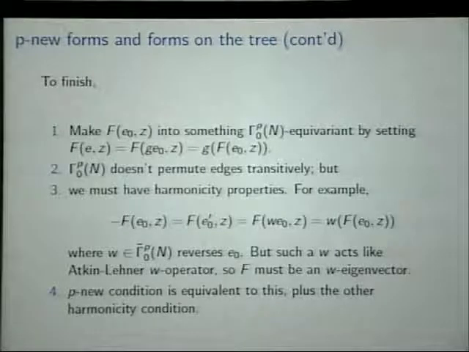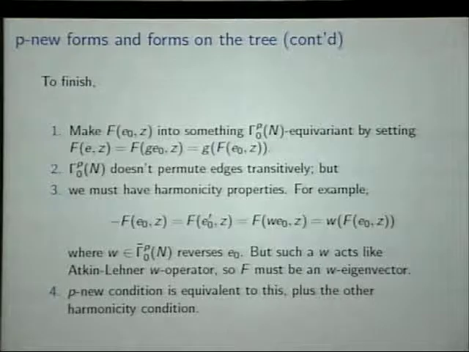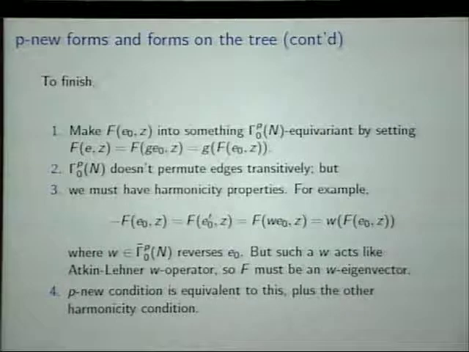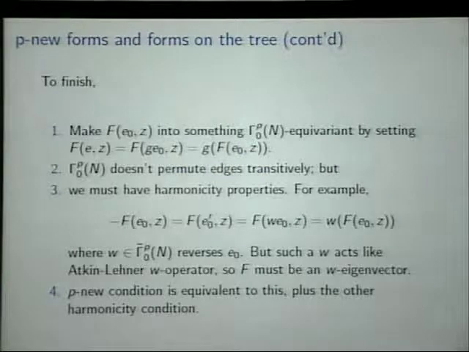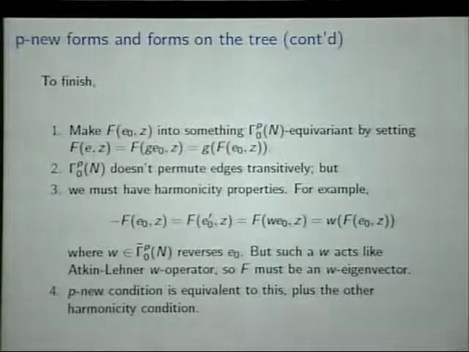And those two conditions that you translate from the harmonicity say, in the end, by Atkin-Lehner theory, that your form is new at P. Didn't come from gamma naught of N. Okay? On the other hand, if it did come from gamma naught of NP and not from gamma naught of N, then there's no obstacle. This method works. Okay, so it seemed like we made a much bigger space, but in fact, this space of the harmonic functions with modular form values on the tree are just the P-new forms on gamma naught of NP in a fancy way.